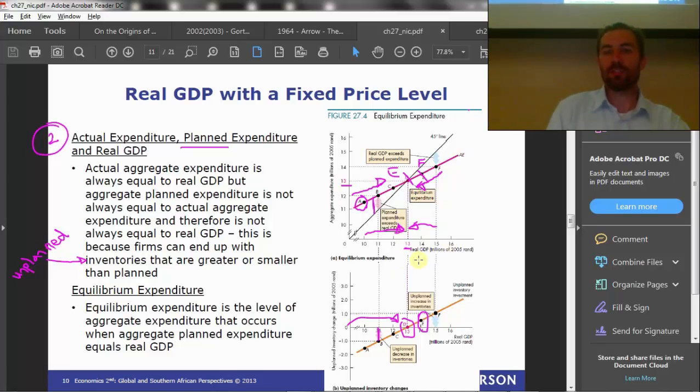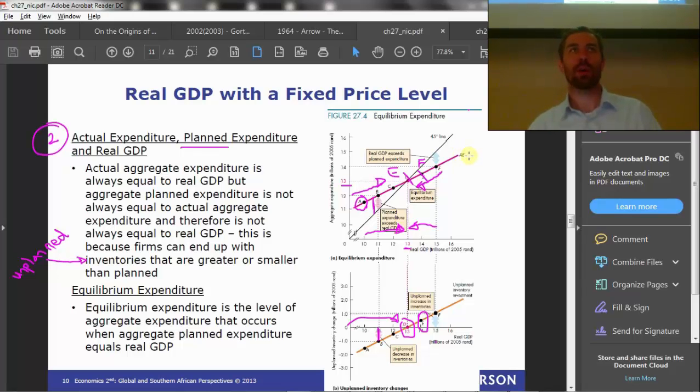So aggregate expenditure as a function of income or real GDP is upward sloping, and at some point our level of aggregate expenditure must equal our level of income, and that point is given by the 45-degree line, obviously, because the 45-degree line gives us all the points of equilibrium between real GDP and aggregate expenditure. So where our aggregate expenditure curve intersects the 45-degree line, we know that our level of expenditure equals our level of output or our level of income. In other words, everything we are planning to produce, we are in fact consuming and selling in some way.